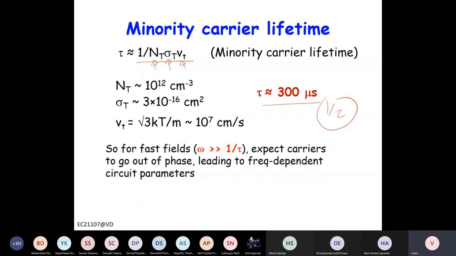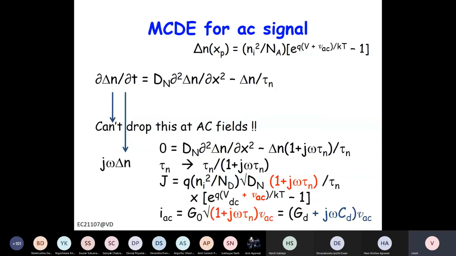Let us look back at the minority carrier diffusion equation for AC signal. Since for high frequency this carrier cannot respond with the frequency, dN by dt can be written as j omega times delta n.